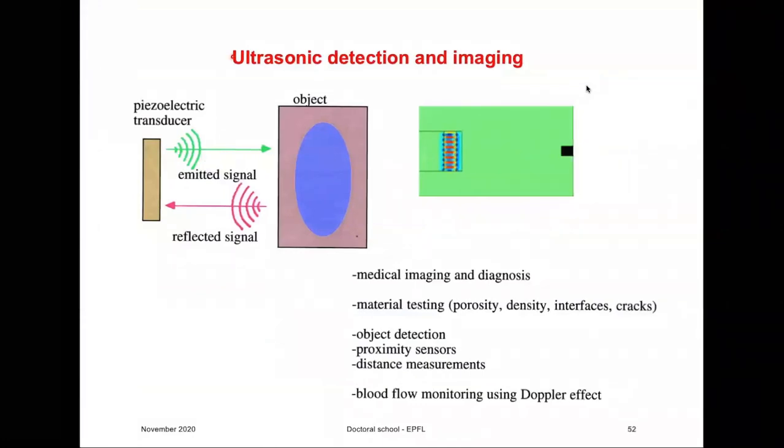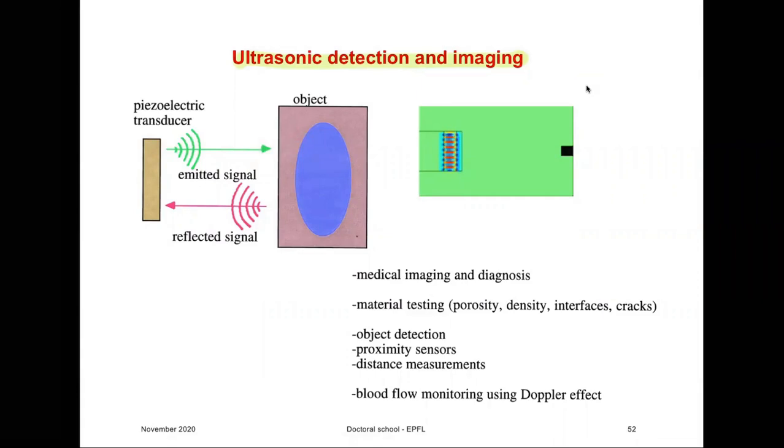Another way in which piezoelectric resonance can be used is for detection and imaging with ultrasound, and that works in the following way. You have a piezoelectric transducer, a piezoelectric element that you would make resonate at a certain frequency. Through the converse piezoelectric effect, it will emit an acoustic wave, which will come to an object which you want to inspect for presence of defects.